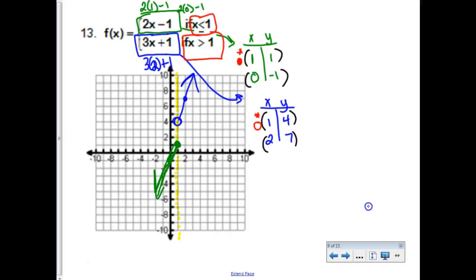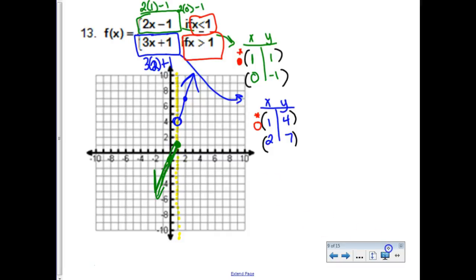So that's my first way of checking if you did it right. Next thing I want to check for is that only one of the rays has an open circle and one of the rays has a closed circle on the boundary line. So if they both have closed circles, you messed up. If they both have open circles, you messed up. That can't happen for us in Algebra 2. Okay?